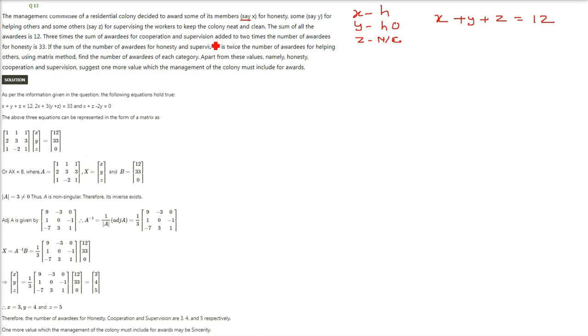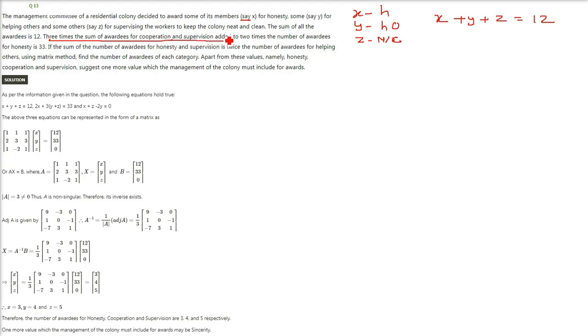3 times the sum of awardees of cooperation and supervision added to 2 times the number of awardees for honesty is 33. So what does that mean? 3 times the sum of awardees for cooperation and supervision.